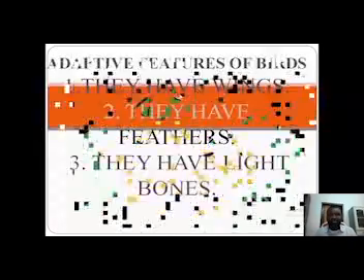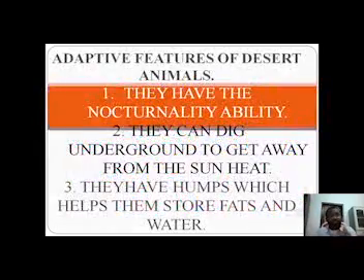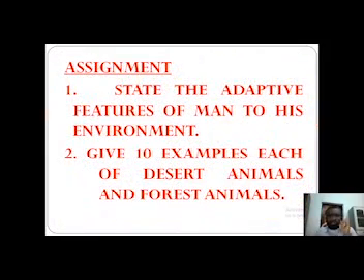But I'm giving it to you as an assignment, and you must do it. So put it in your notes. It's part of this work. It's part of this class. But I want you to research on it so that you read on it. State the adaptive features of man to his environment. Very simple. Tell me why you are surviving in this environment. Tell me why you are surviving in your habitat. Are you not a man?